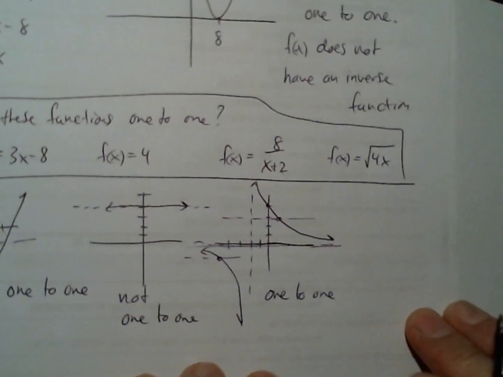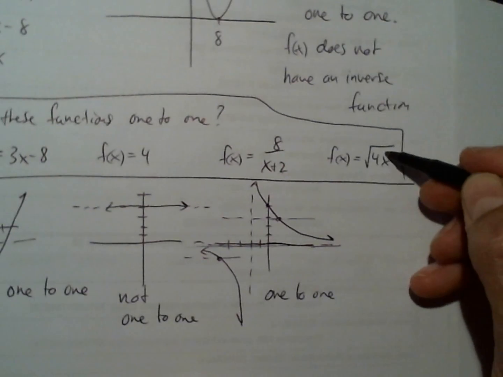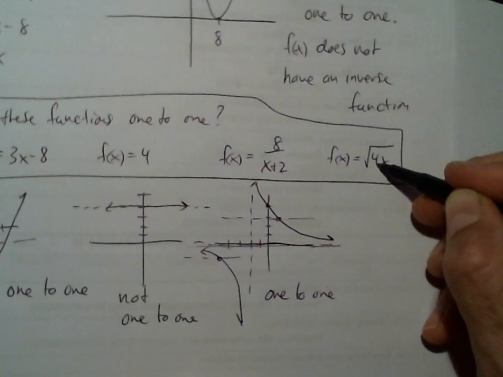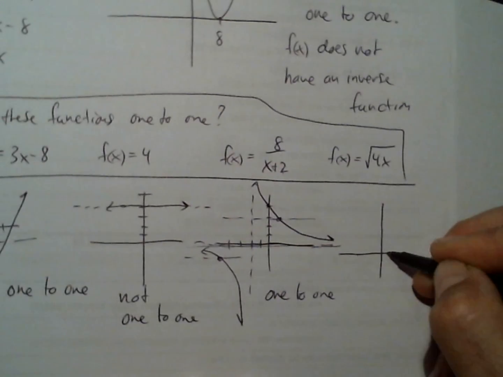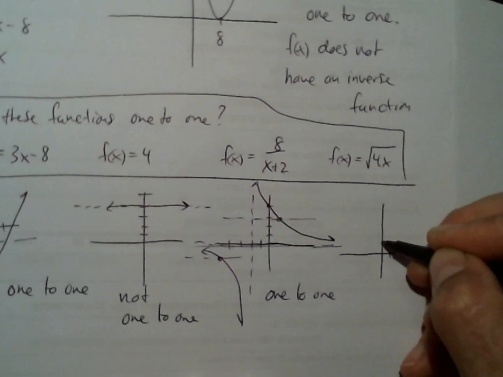And we have a radical, and the 4 is an inside change. That's a horizontal dilation. We would divide all the x values by 4. That means it's going to compress horizontally. So here's a review of dilations.